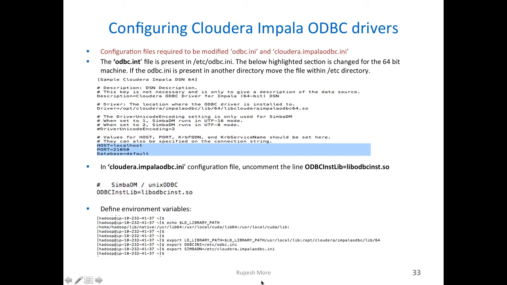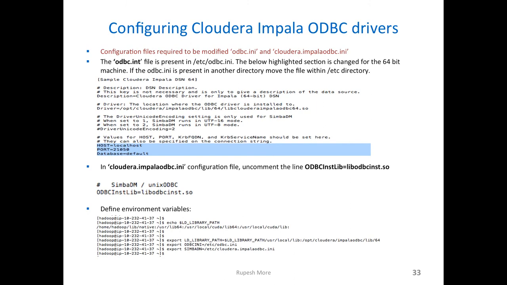Below are the environment variables that you need to set up after doing the setup for the Cloudera Impala ODBC drivers. So the three environment variables are LD_LIBRARY_PATH, ODBCINI, and SIMBAINI.